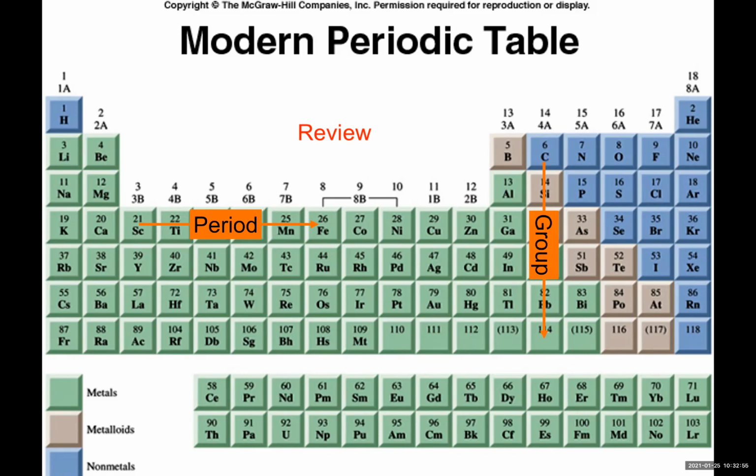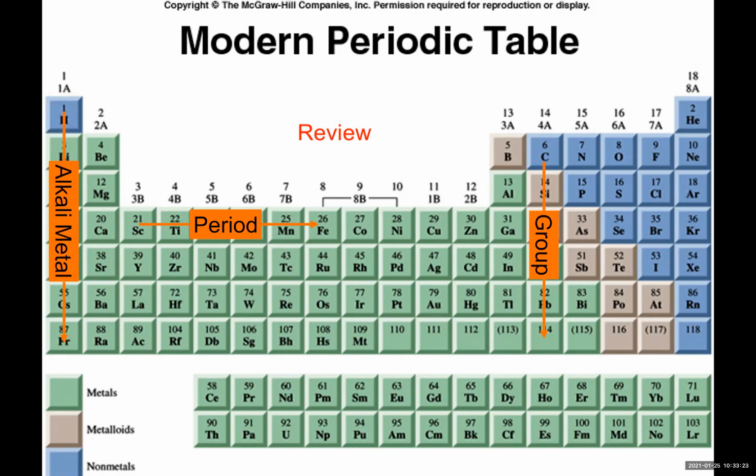And we said elements are in the same group because they have similar properties. And in periods, the shell number of the outer electrons of an atom changes. So if you know the period number and group number, you have the address of finding an element.